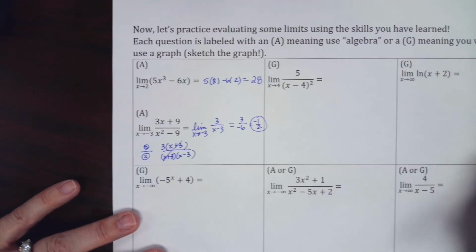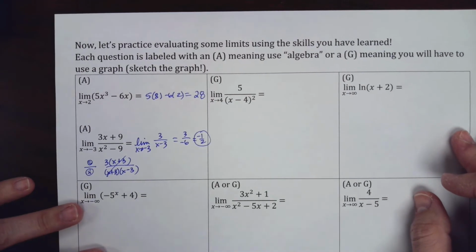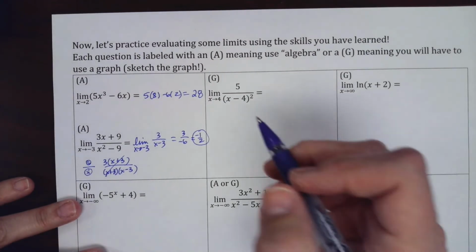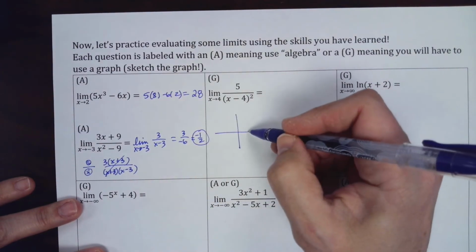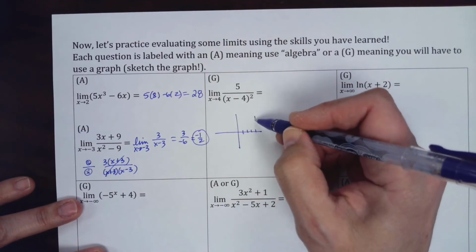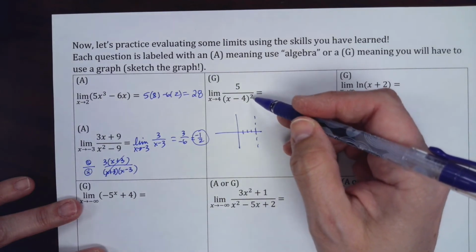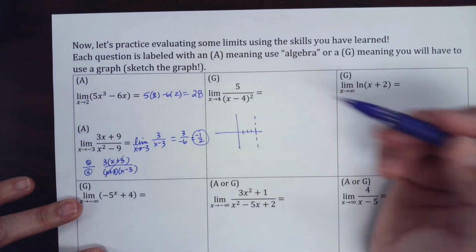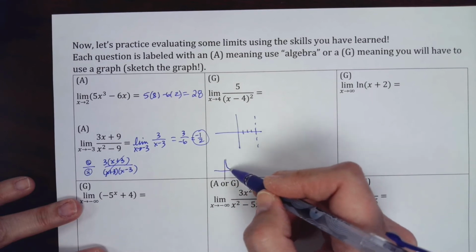All right, so the next one. Okay, so let's think about this for a second. It says graph, so let's try that. X equals 4 is going to be an asymptote, so 1, 2, 3, 4. Now, the bottom is squared, so that means all these answers are positive. And if you remember, 1 over x squared, if you graph it, looks like this.